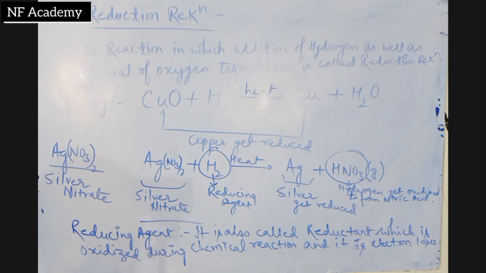So in our atmosphere, oxygen is in abundant form, but rather than oxygen, silver reacts only with that nitrate. So that's why silver is more reactive. Means nitrate is more reactive than oxygen to silver.